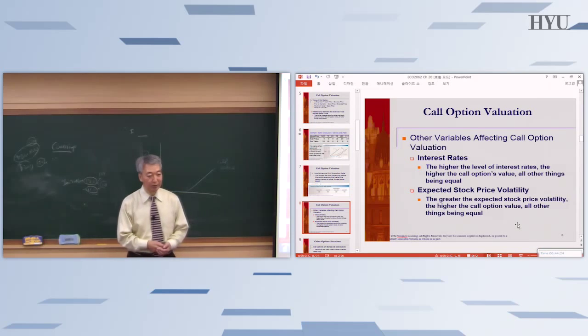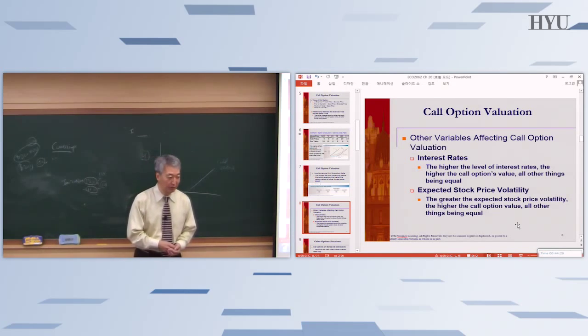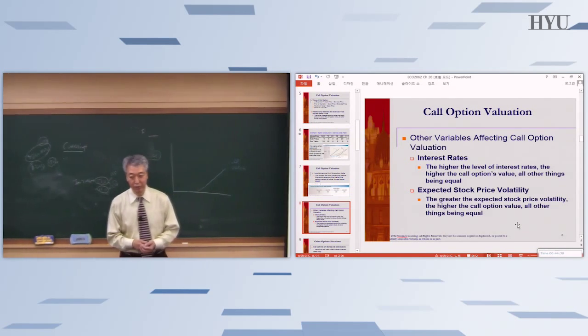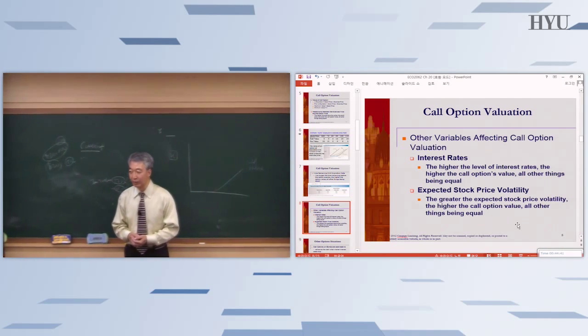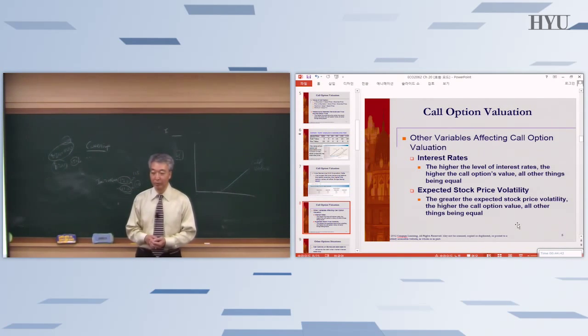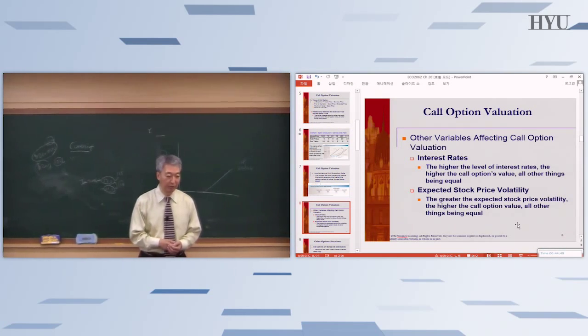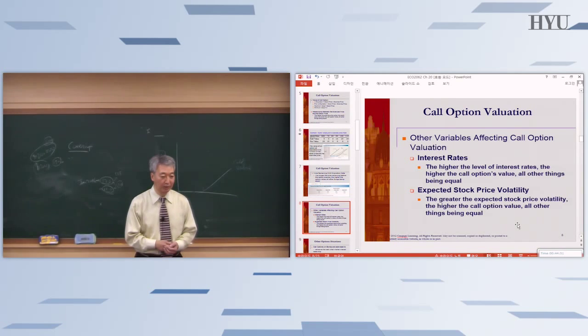Of course, you save interest cost by delaying the payment, right? But is that really greater than the option price? Probably not. Right now, the interest rate is pretty low, right? So the benefit from delaying the interest payment is not really a good reason to purchase an option, right?